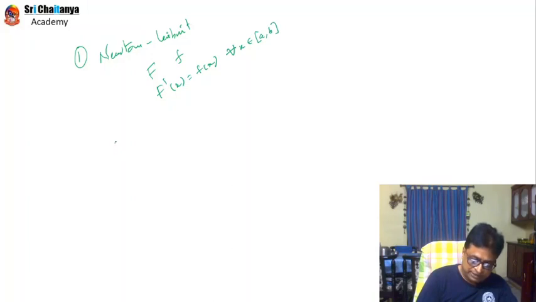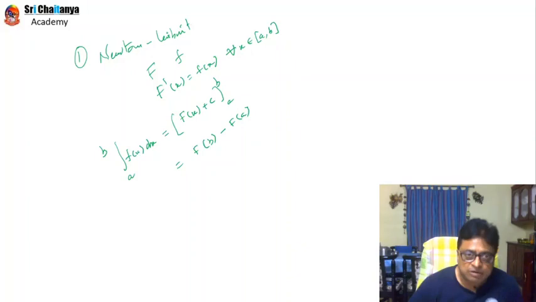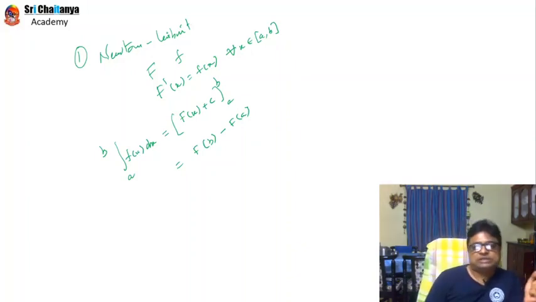Then integration a to b small f of x dx is nothing but capital F of x plus c under limits a to b, and this can be simplified to give the answer F of b minus F of a. This is called Newton's Leibniz formula and the analytical definition of the definite integration.